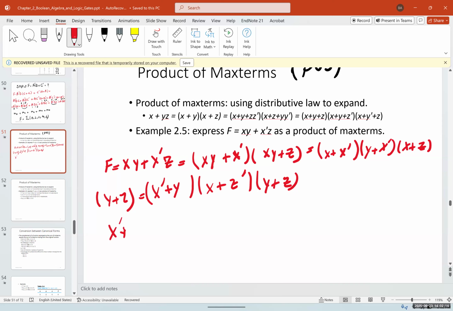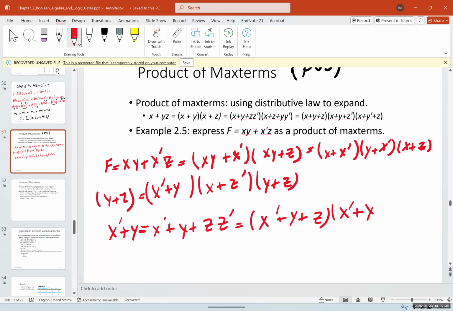And x prime plus y is equal to x prime plus y plus z prime, because we are missing z. And this would be equal to x prime plus y plus z, and with x prime plus y plus z prime.